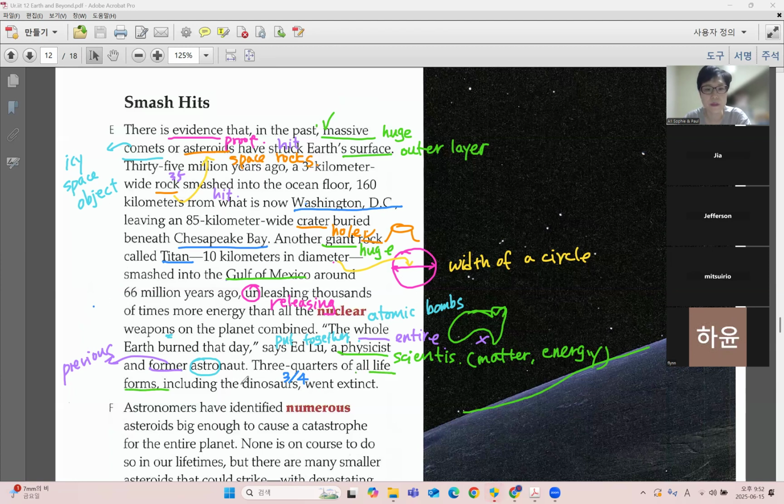All life forms means all living things, including. We've done it many, many times. What does including mean? Including means containing, having.